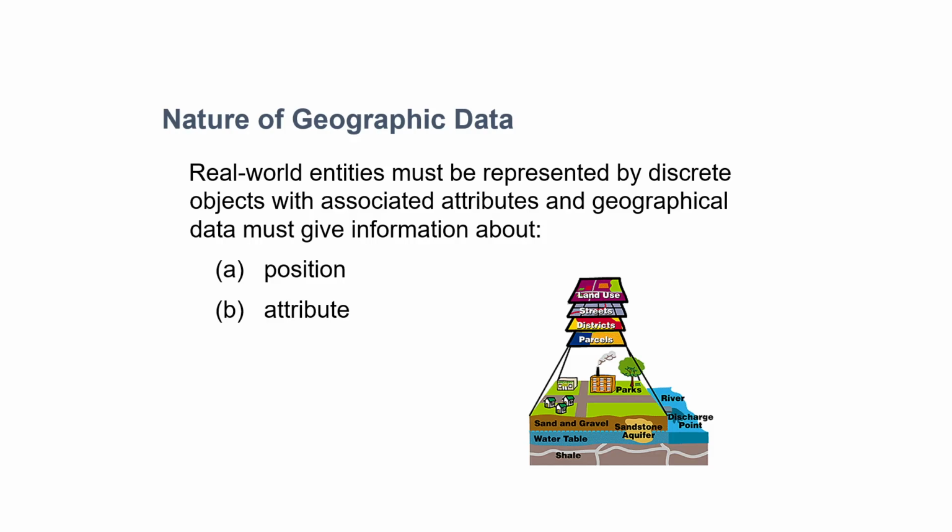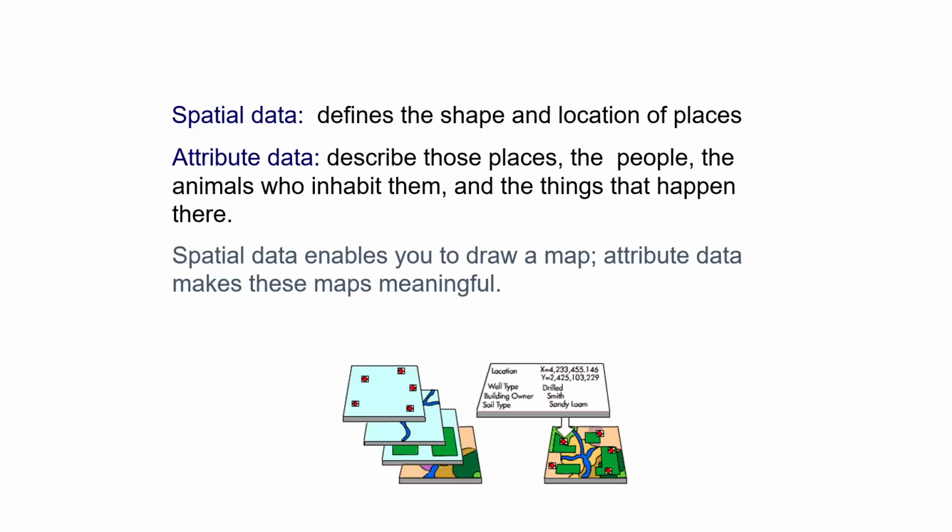So all real-world entities must be represented by discrete objects with associated attributes, and geographical data must give information about them. So spatial data means coordinates, shape and location of places. Attribute data describes those places, the people, the animals who inhabit them, and the things that happen there.